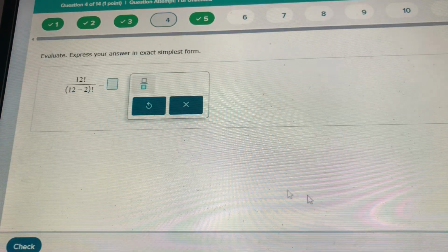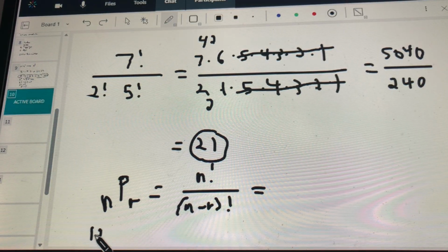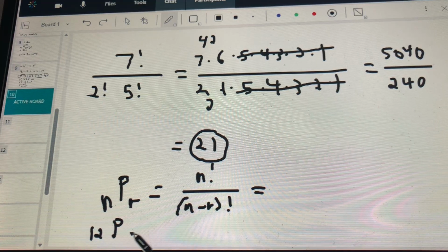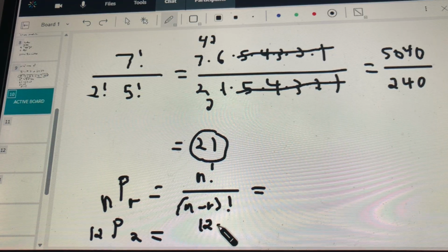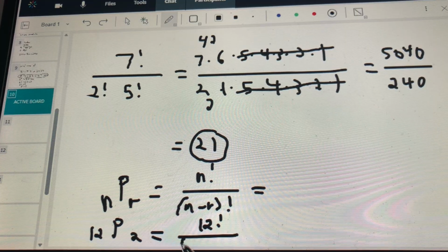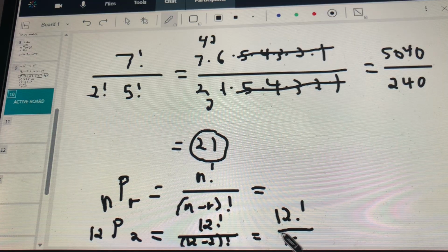So if you're trying to do, this is actually 12 factorial, this is actually 12 permutation 2. I can tell by the way the numbers are here. This problem, they're not showing this, but it actually is 12 permutation 2 because they did 12 factorial over 12 minus 2 factorial. And that's 12 factorial over 12 minus 2 is 10 factorial.